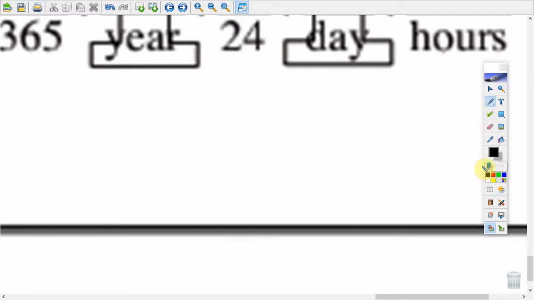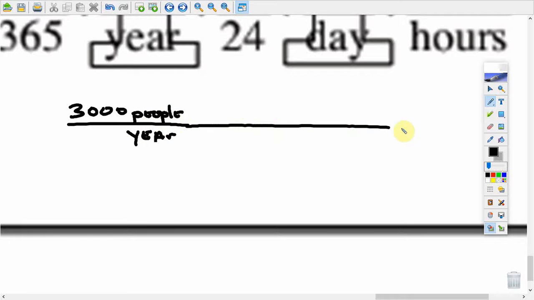So I would start with 3,000 people per year. And we know that 1 year is 365 days. I put the year on top so that it would cancel with the year on the bottom.